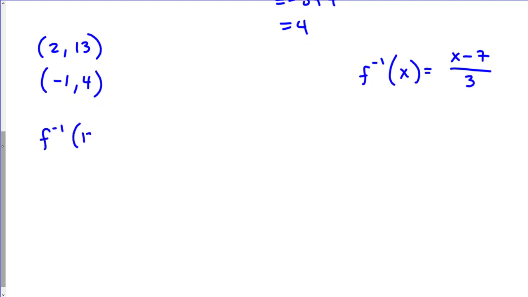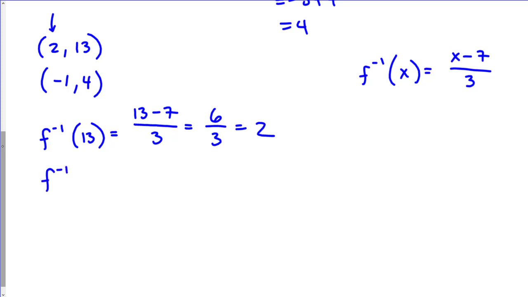So f inverse of 13, I get 13 minus 7 over 3, which would be 6 over 3, or 2. So on my inverse, I have the point 13, 2. So if you notice, the 2 was that original x value that I put into my function. If I put 4 into my inverse function, then 4 minus 7 divided by 3 is going to be -3 divided by 3, or -1. It gets me right back to that original value.